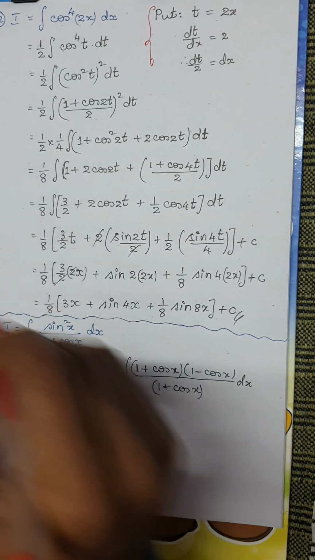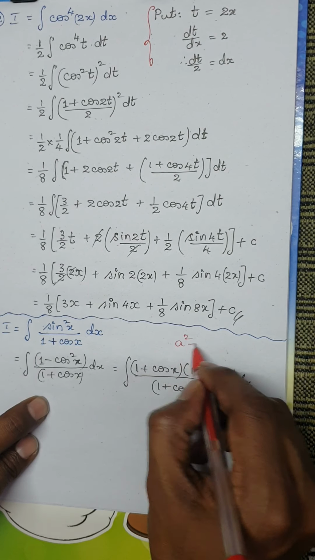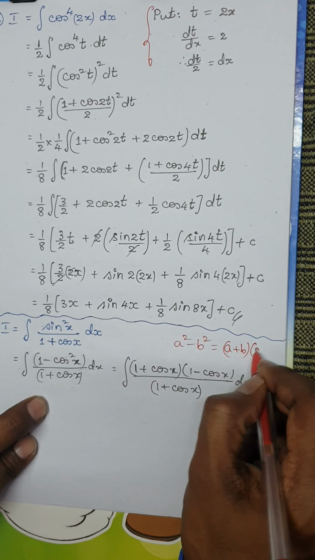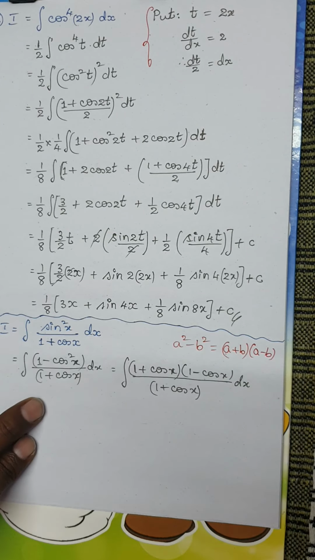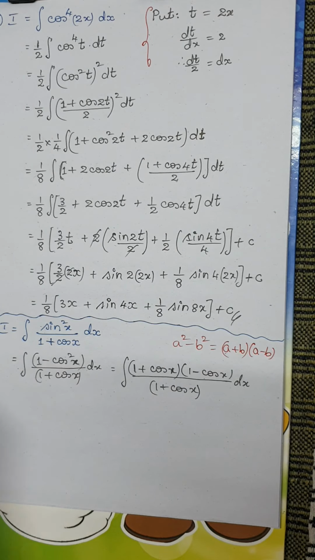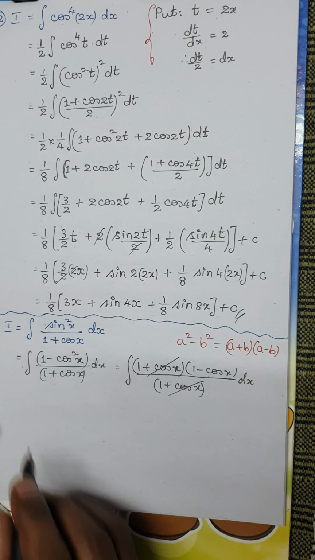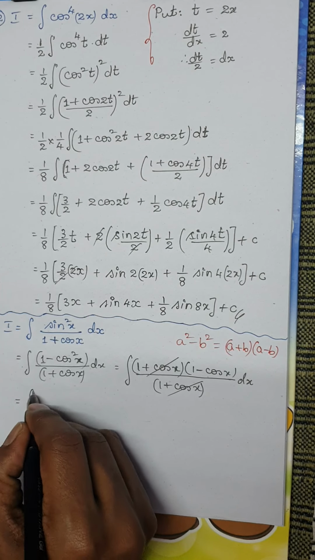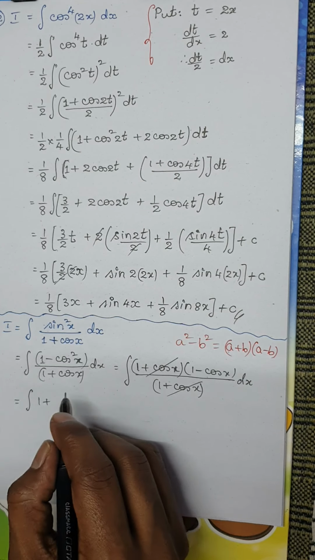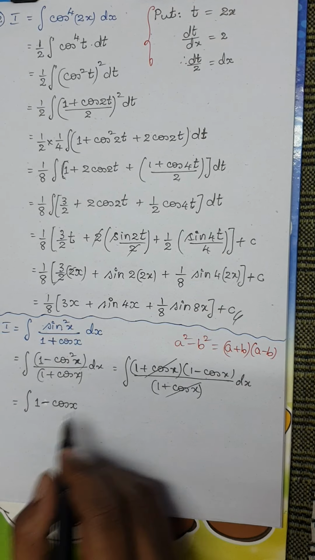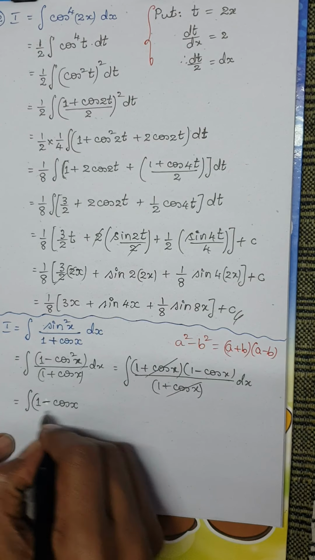Okay, remember this, I am using this result, a square minus b square equals a plus b into a minus b. So using this result, see what happens. Now I can easily cancel the term 1 plus cos x. So the integral will become the integral of 1 minus cos x dx, since 1 plus cos x gets cancelled.